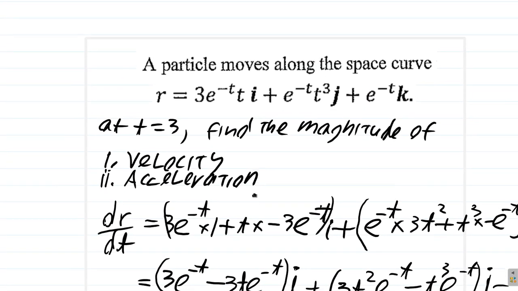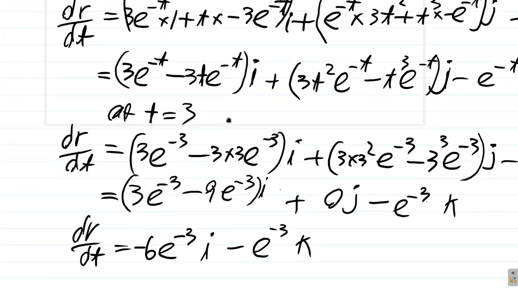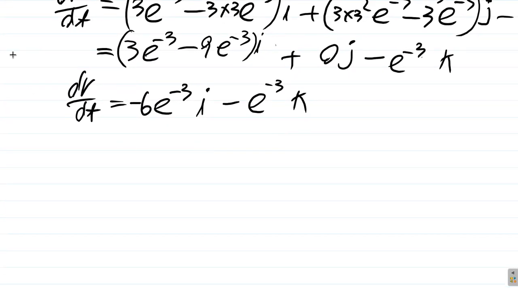Now let's see what happens here. Acceleration. Now what is acceleration? It is the rate of change of velocity with time. So if you find the rate of change of distance with time, you find velocity. So acceleration is the rate of change of the rate of change of distance with time.